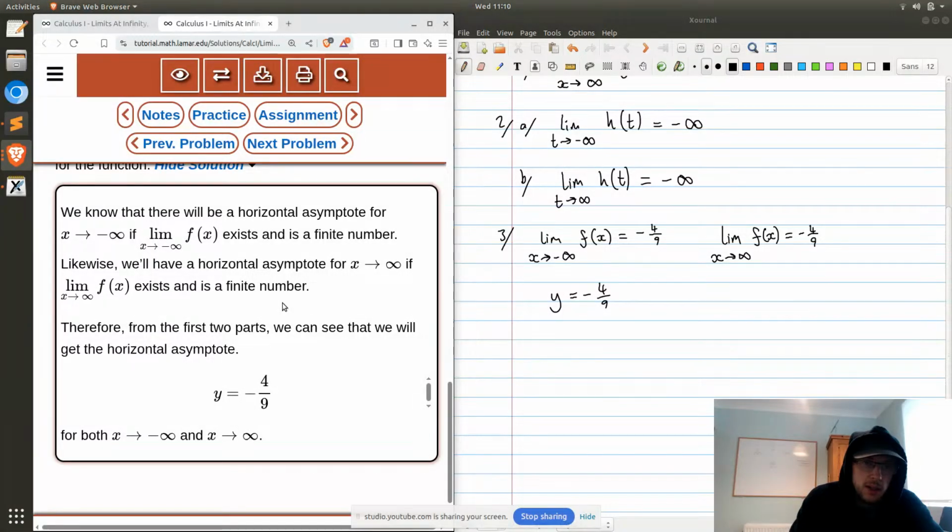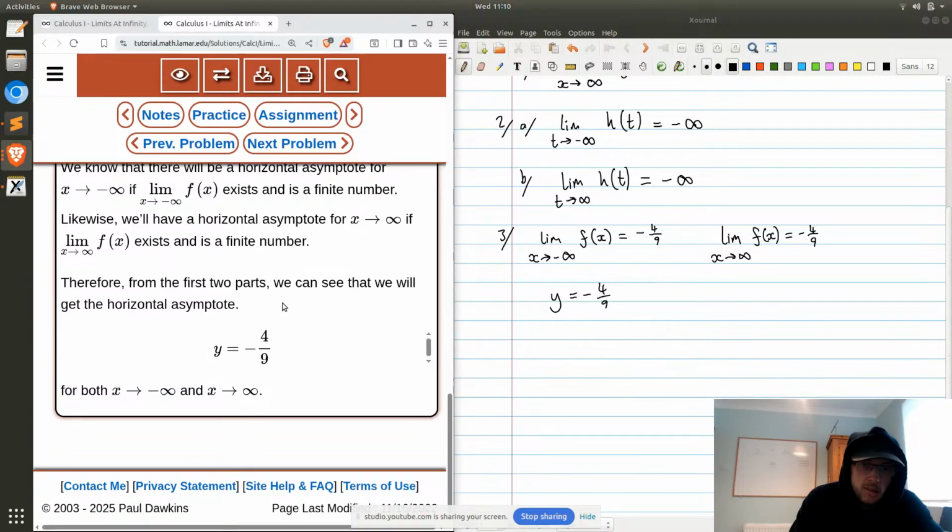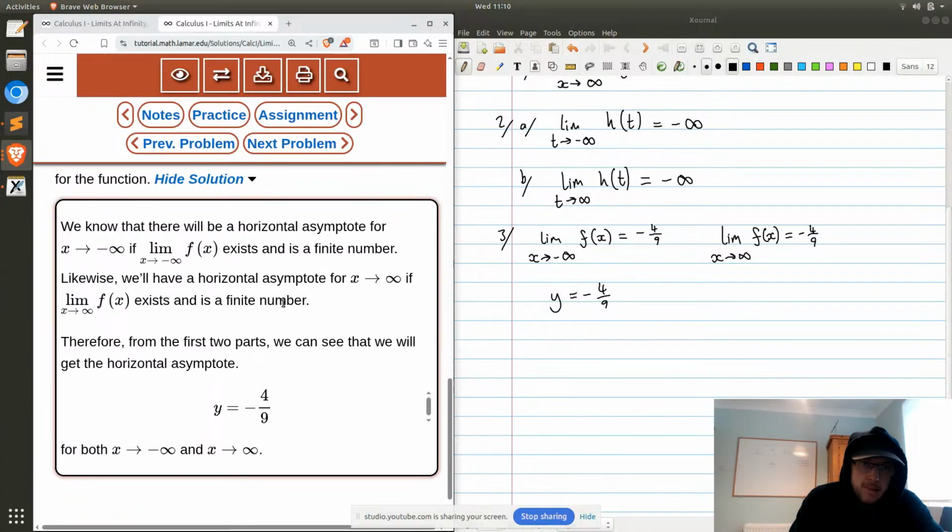The limit of x approaching negative infinity of f of x exists and is a finite number. Okay, I think I understand now. Yes, I understand this now.